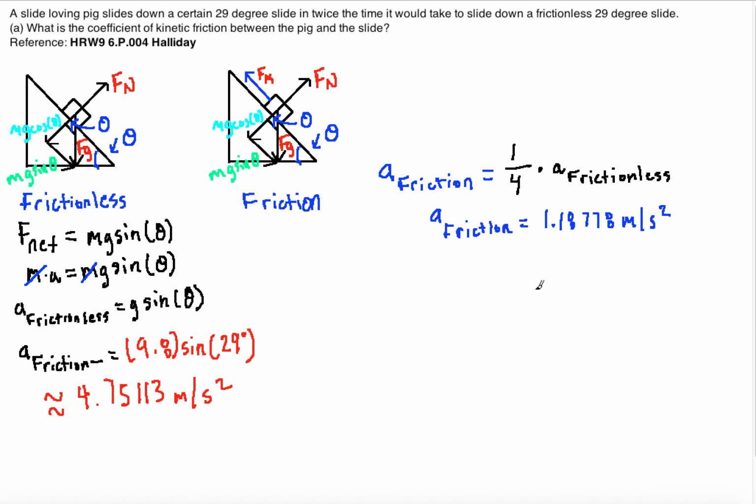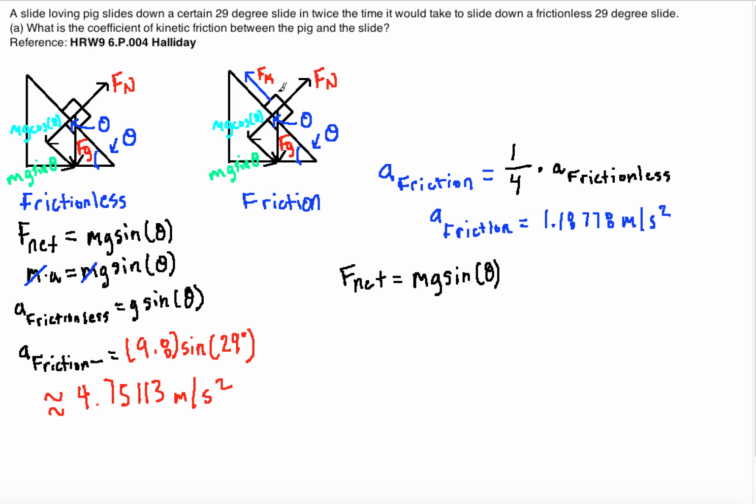Now with this acceleration, we can solve for the coefficient of kinetic friction in this frictional system. We can write the equation of motion again as F net is equal to, again, mg sine of theta, which is this force here.